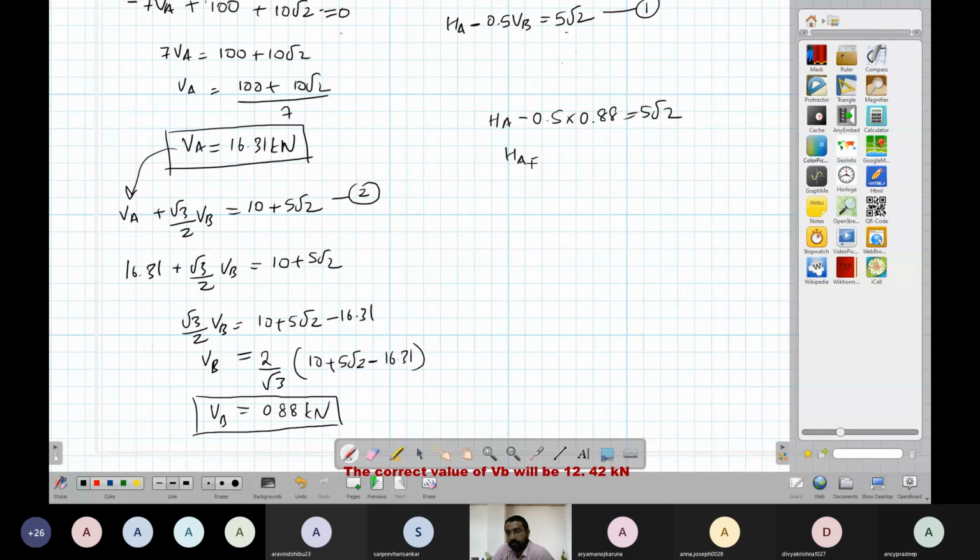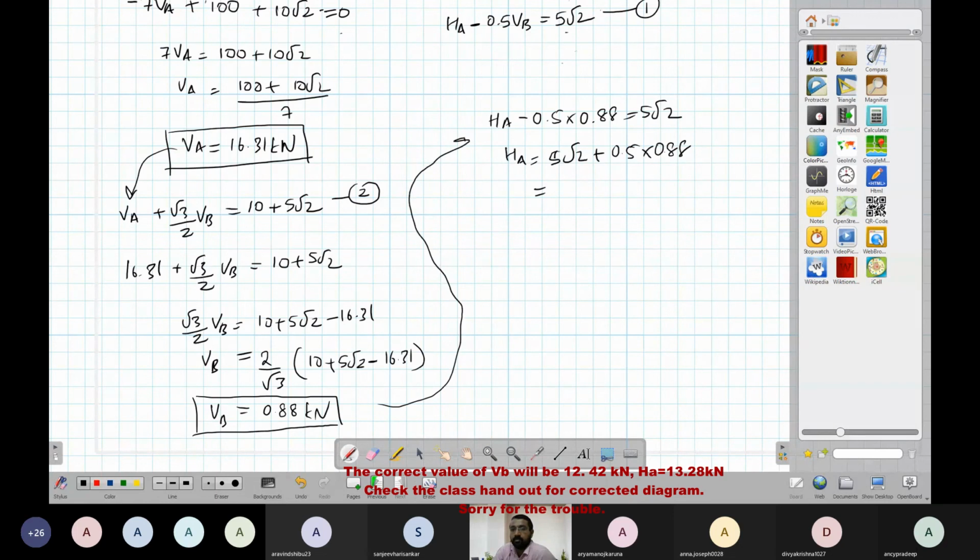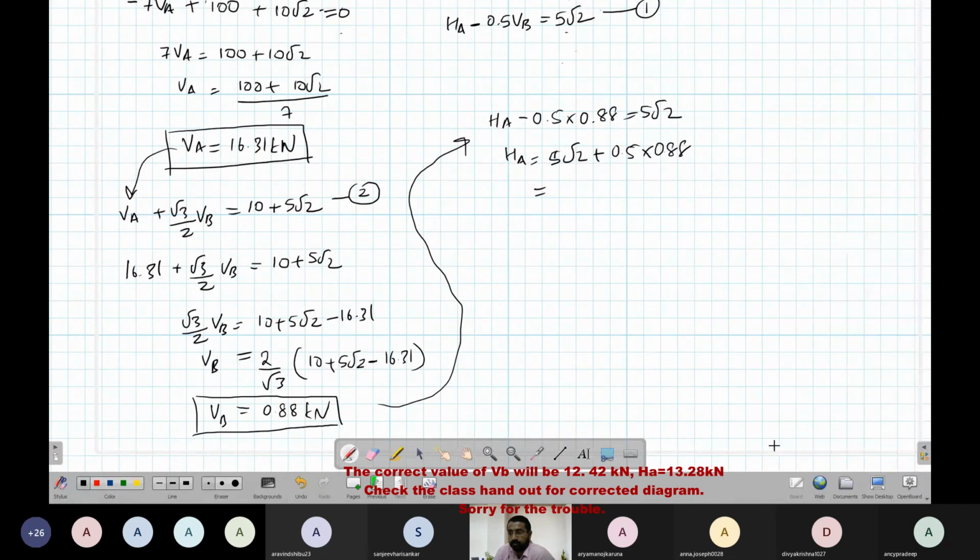What is the value of HA? HA value is 7.511, about 7.5.